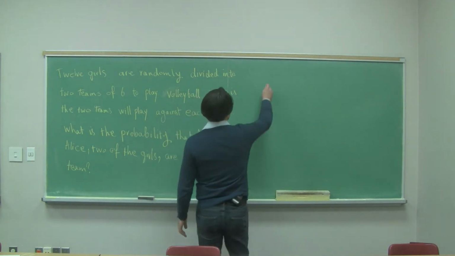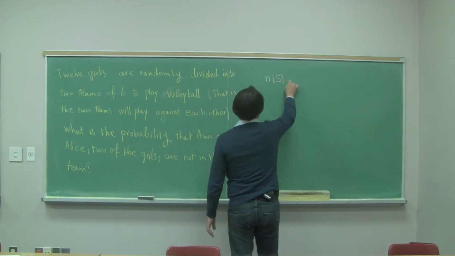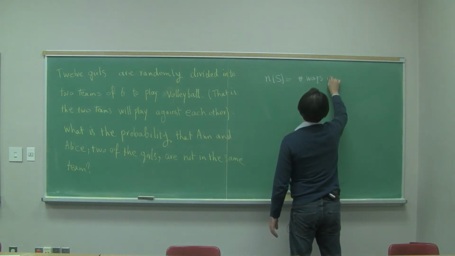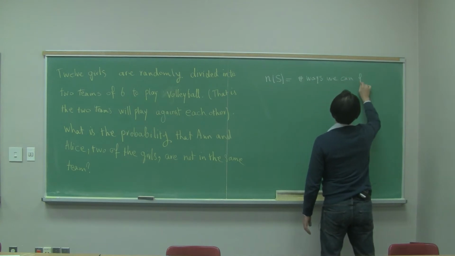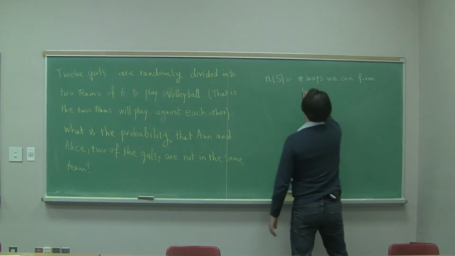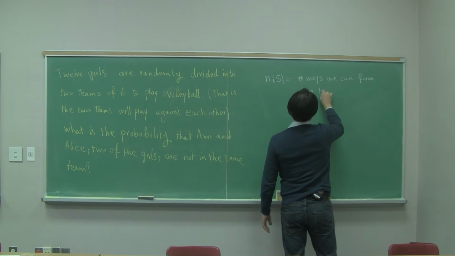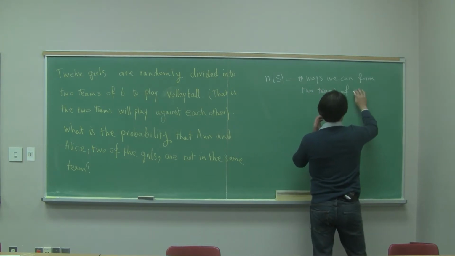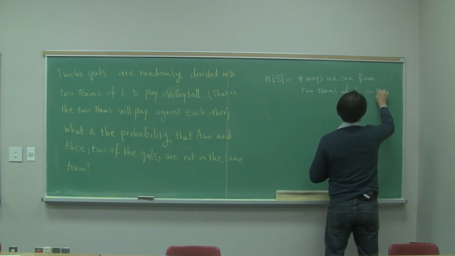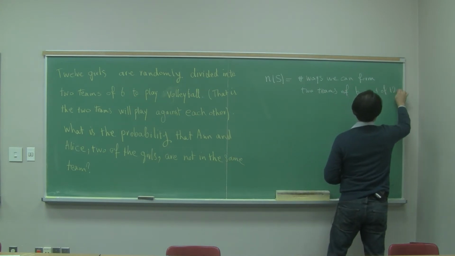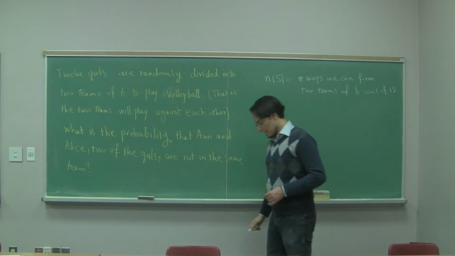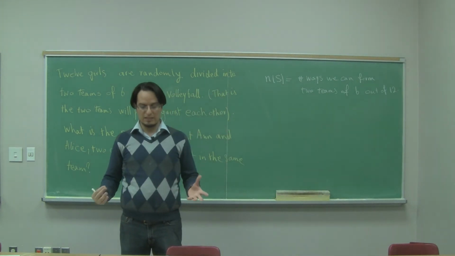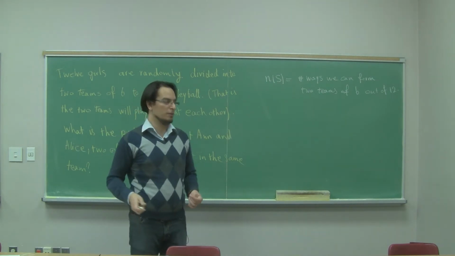And we have to find n of S, which is the number of ways that we can form two teams of 6 out of 12 girls. This is very related to the labeling problem.